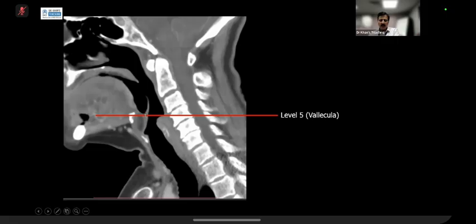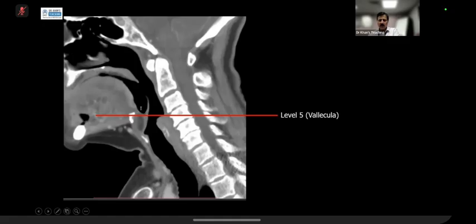And on the hyoepiglottic ligament, there is a mucosal fold. We call it the glossoepiglottic fold. I will revisit this shortly in diagrams. But the point to remember is that the glossoepiglottic fold is a midline structure, and it is connecting the epiglottis with the hyoid bone.